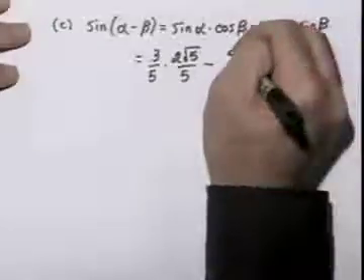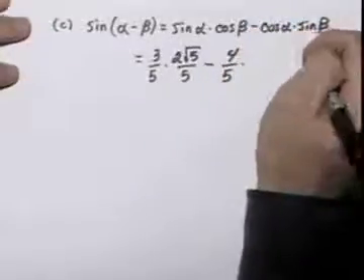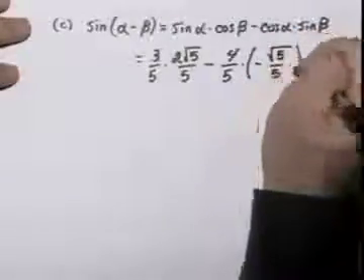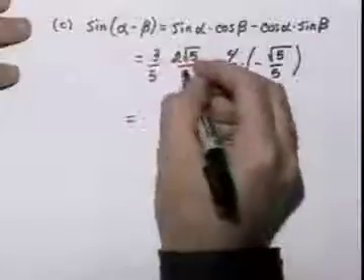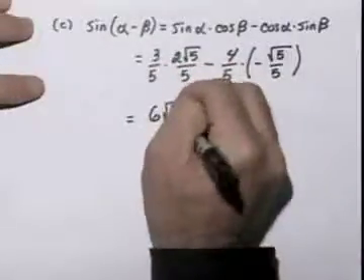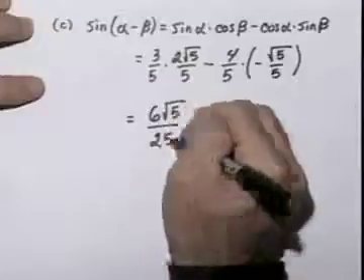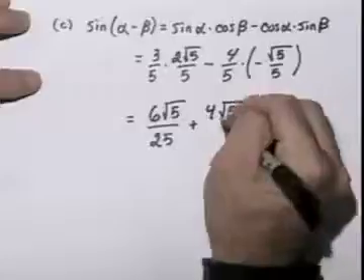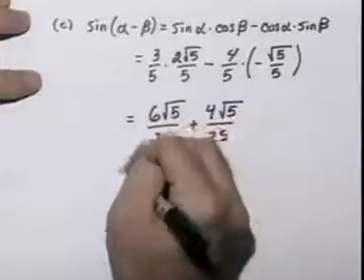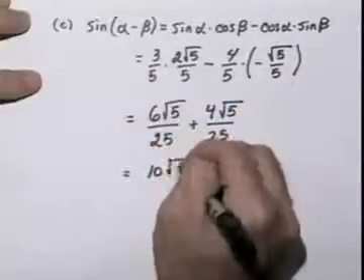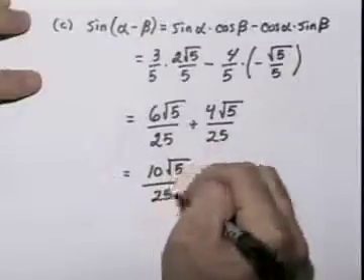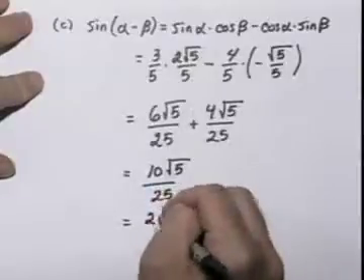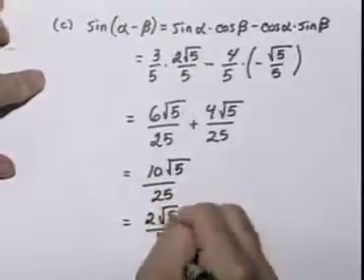Minus the cosine of alpha is 4/5. The sine of beta is negative root 5 over 5. Multiplying this out, we get 6 root 5 over 25, plus 4 root 5 over 25. Adding, we get 10 root 5 over 25. There's a common factor of 5 that we can divide out, and we get 2 root 5 over 5.